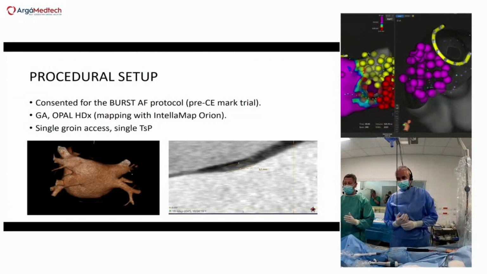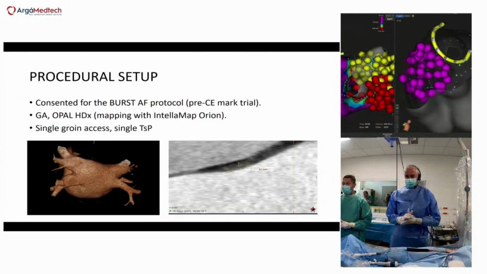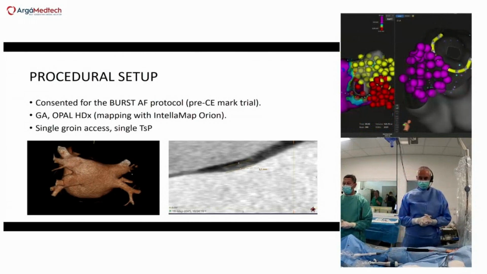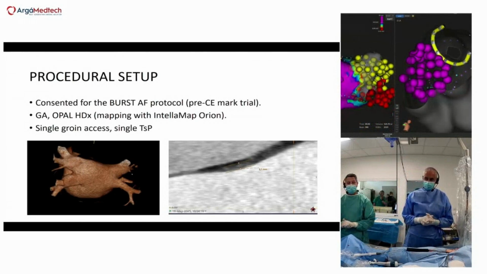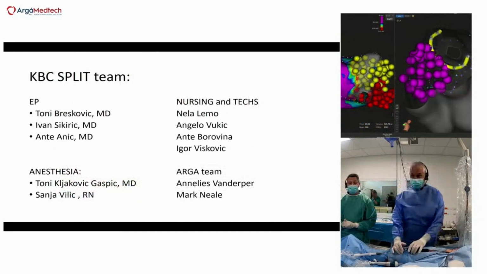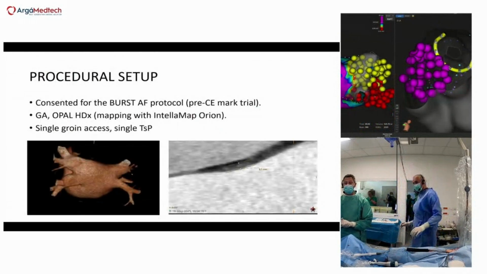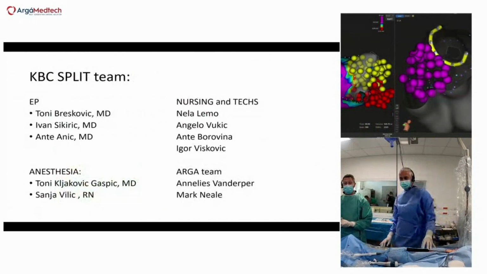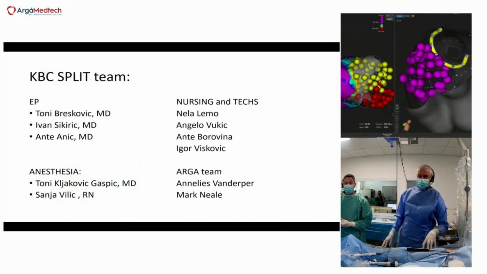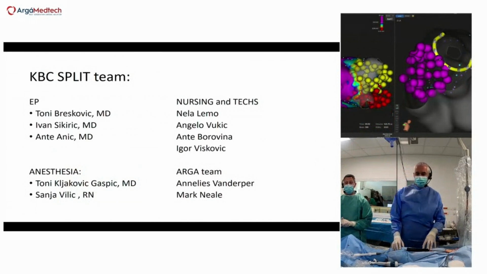We see typical PVI anatomy, and we've been able to distinguish the thickness of the left atrial muscle, which is 2.1 millimeters. So far, as you can see on our 3D system, we isolated 3 out of 4 veins: right superior, right inferior, and left inferior, and this is the result of the remaps. You can see the lesion sets and silence in 3 out of 4 veins. Only the left superior still has signals.